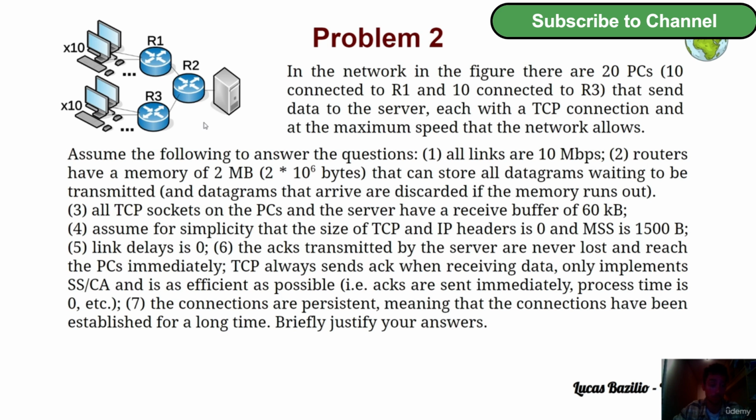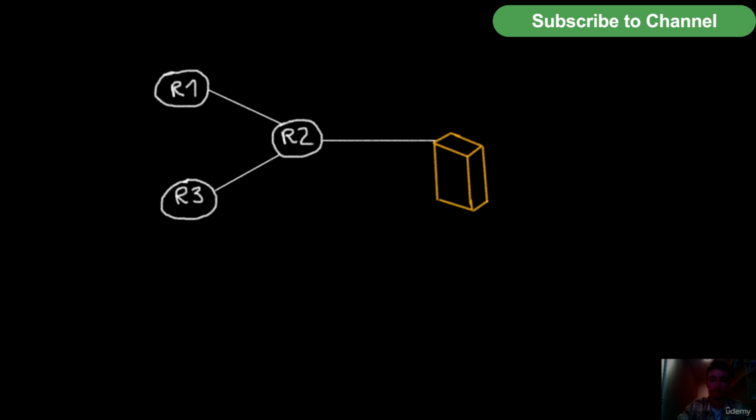This is the maximum speed that we can transmit over a link. So essentially what we have is a configuration like this. All of the links between all of the interfaces are 10 megabits per second. From here we can send 10 megabits per second, also here 10, and also here 10.